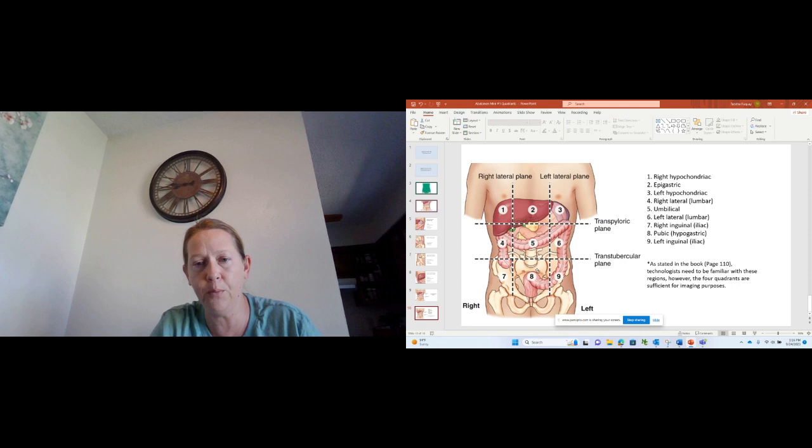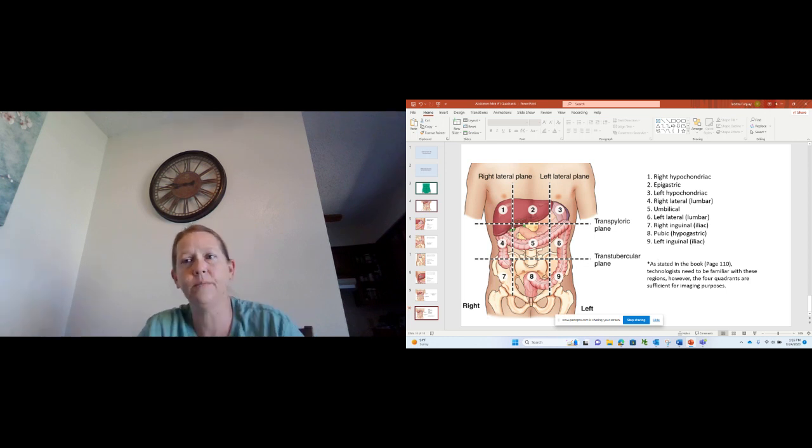And you may have pubic pain, which is down here in the pubic region. You'll also hear inguinal. That just means on these sides. But those aren't going to be necessary, because the 4 quadrants are usually sufficient enough for imaging purposes.